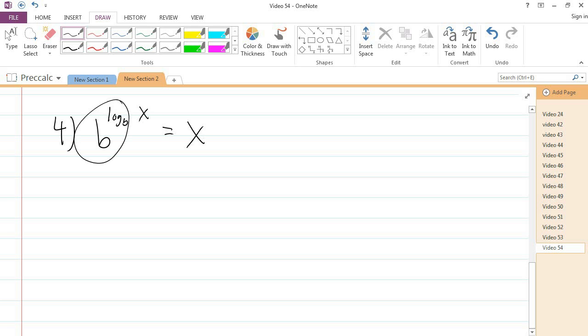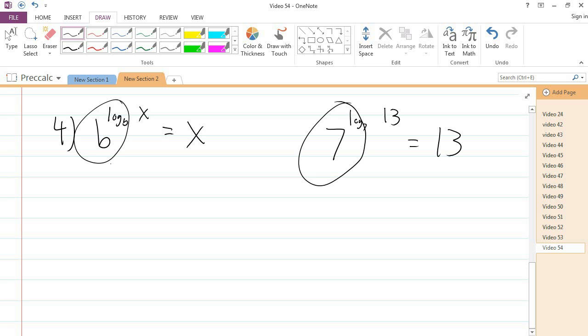These two actions are going to cancel each other out. So for instance, if I do 7 to the log with 7 as a base of 13, these two things are going to cancel out. Now I'll be left with just what's in the logarithm, just the 13.